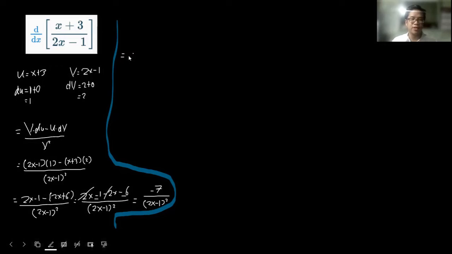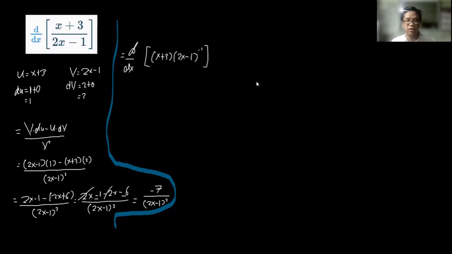So I can rewrite this one as the derivative of x plus 3 times 2x minus 1 raised to negative 1. All right, so your u here, I'm just going to write my u on the top right, I think it would be far better so that I can write all the solutions.